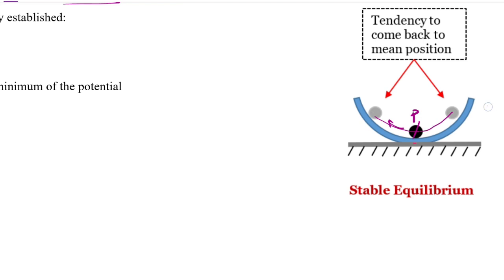The particle will move up and sideways and again come to the center position. Just like a simple pendulum given a force, because of the restoring force it will come back to the rest position. This type of equilibrium is called stable equilibrium.